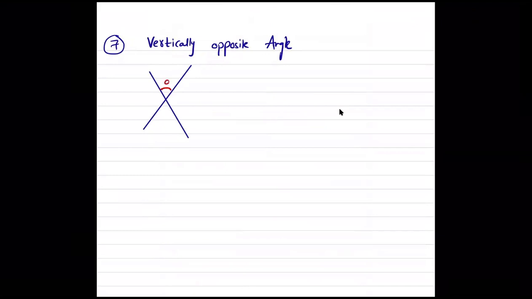Vertically opposite angle. Which angles are vertically opposite angles? If you have this X shape being formed, this angle and this angle, there are 4 angles in front of you.